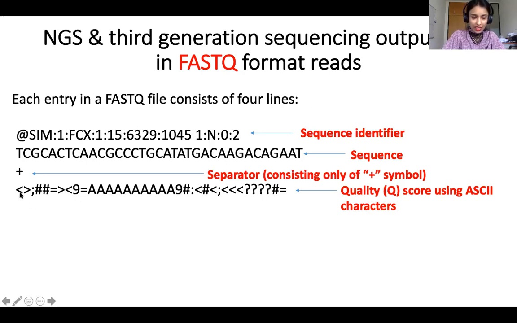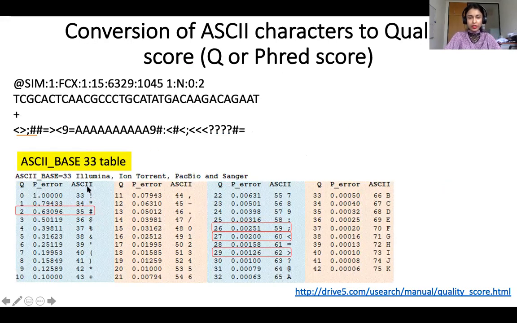So these ASCII characters can be decoded, as shown here. This is an ASCII table. This is the same sequence that I've shown earlier. The first symbol is the less-than symbol, and this is the quality score.